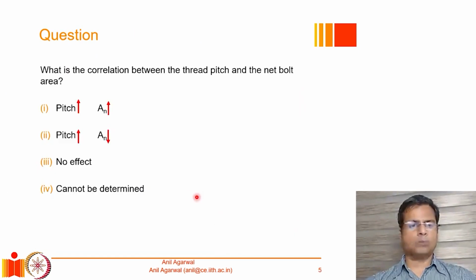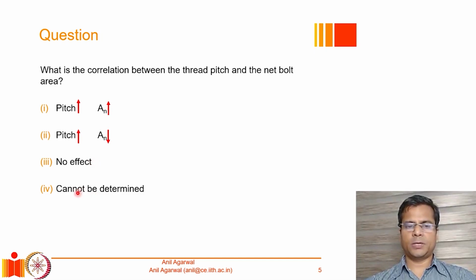Let's ask one question now. What is the correlation between the thread pitch P and the net bolt area AN? Option 1: when the pitch is increased, the net cross section area increases. Option 2: when the pitch is increased, the net cross section area decreases. If there is no effect, please answer 3.